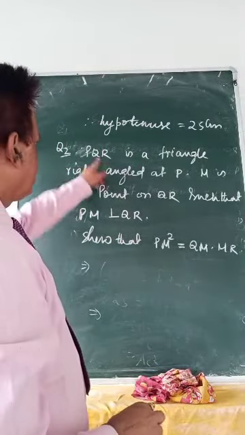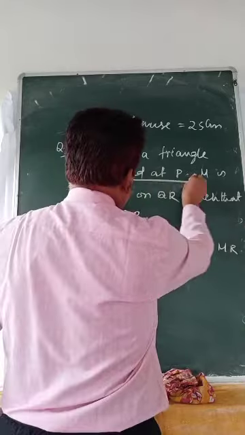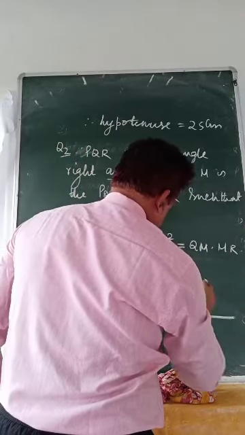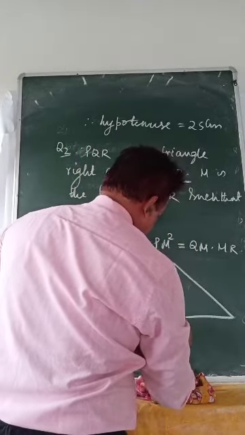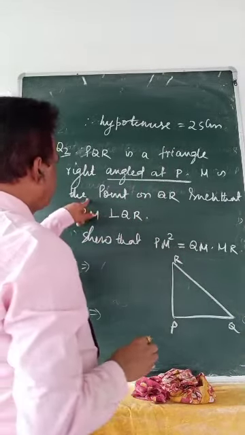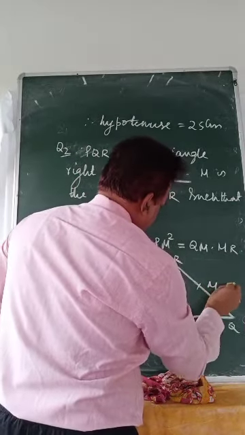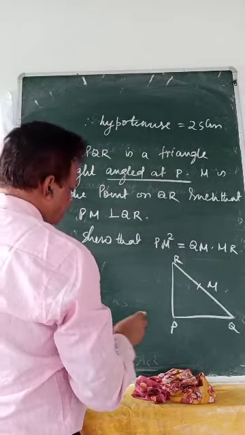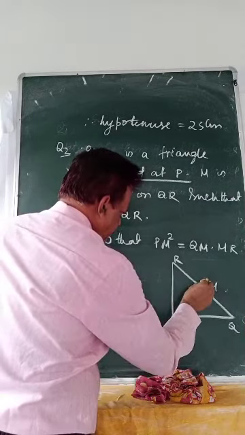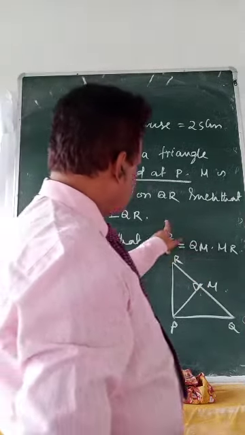Okay, look at the triangle PQR, right angle at P. This is P, this is suppose Q, this is suppose R. M is a point on QR such that PM is perpendicular to QR.